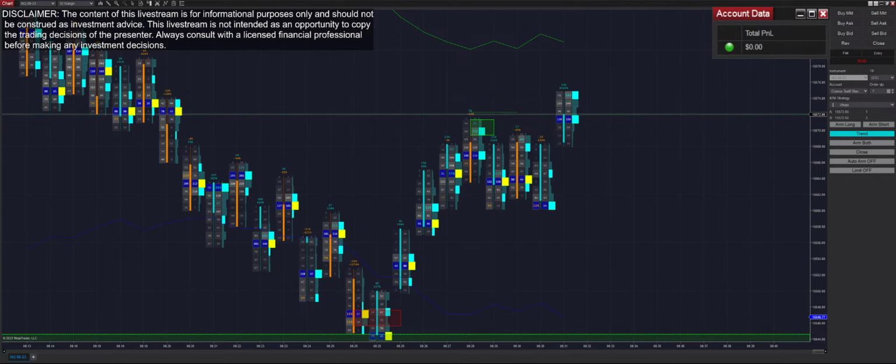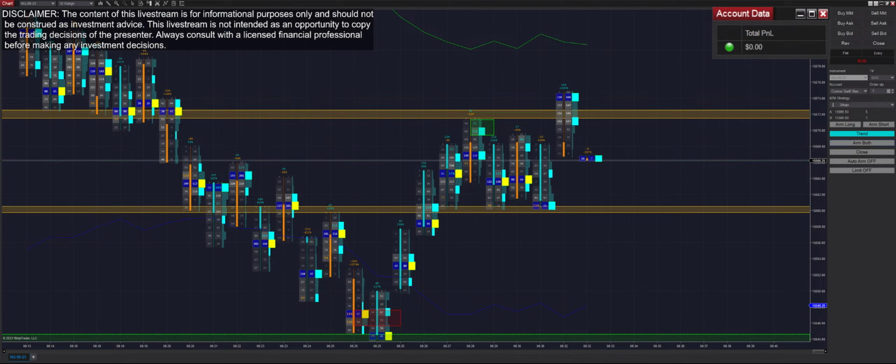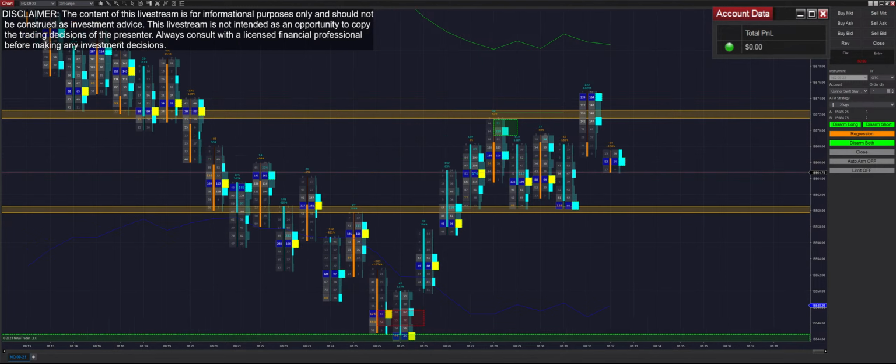So I think we'll just jump right into it here. We do have a pretty easy range right here with a very good amount of chop. We're gonna put it into regression mode and arm it in both directions there. So we're just gonna be waiting and seeing what we can do with that.